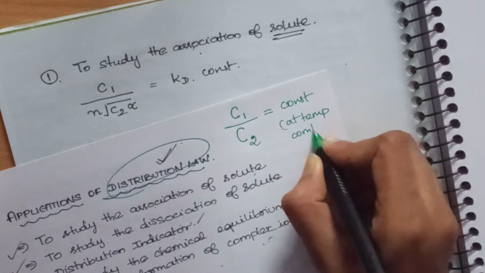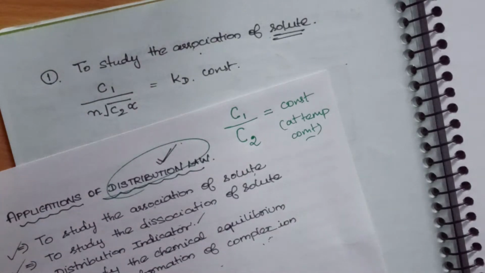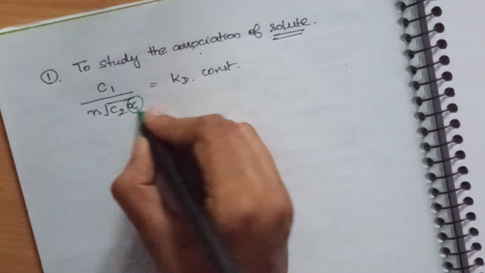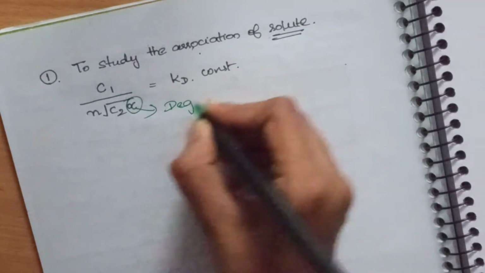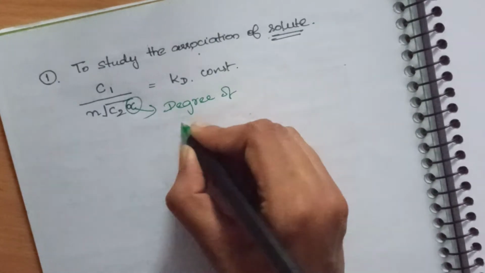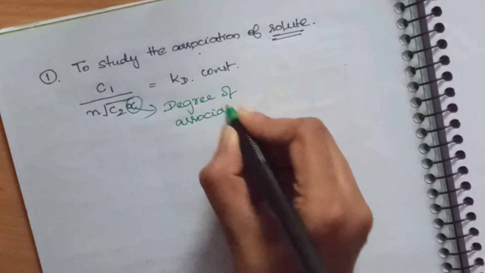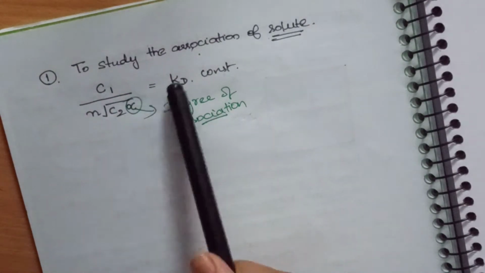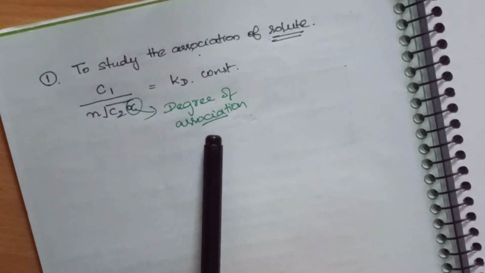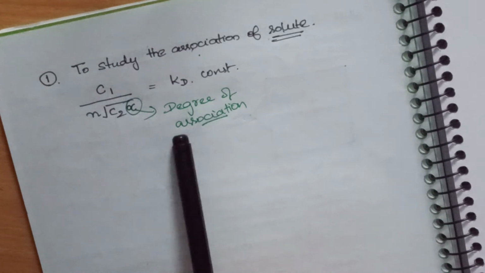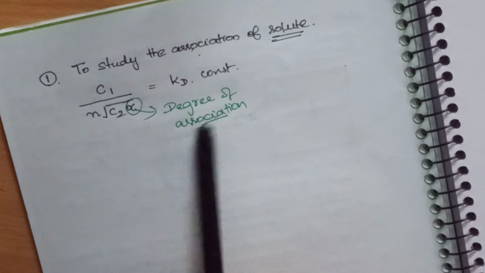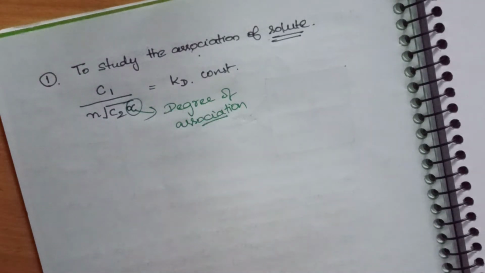Now this alpha is nothing but the degree of association. Alpha is the degree of association, and we also defined this. It is the total number of molecules that is being associated is called the degree of association.